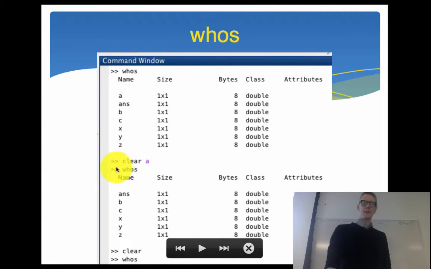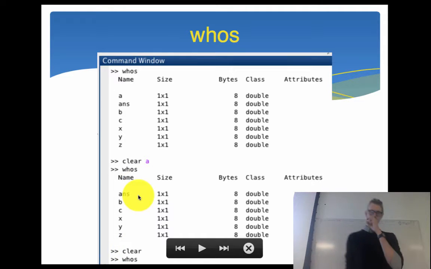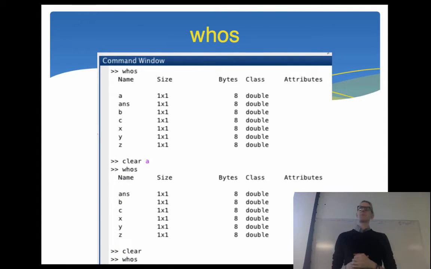Clear is very useful for taking a variable out of your workspace and deleting it. So if you see we had a defined in our workspace when we typed whos, if I then do clear a and type whos again, I see a list of my variables, but a is no longer there. Often when you write a script, if you don't want it to be interfered with by previous people's code or previous things that you've run, you might want to start your script with clear, which will clear all of the variables from your workspace.